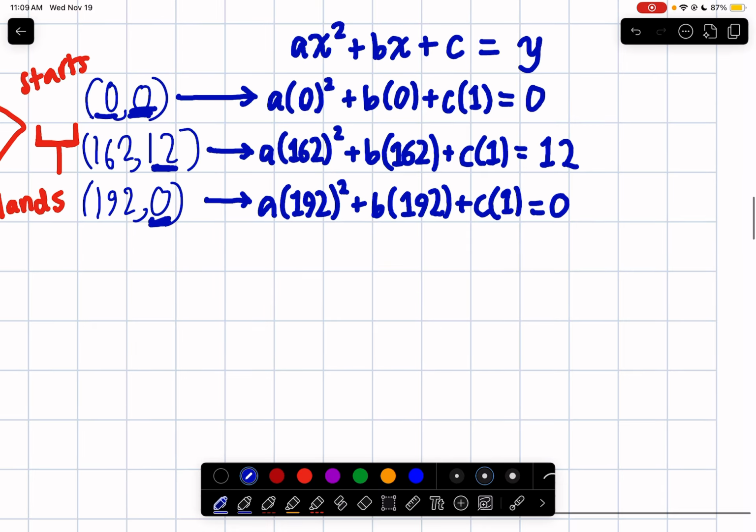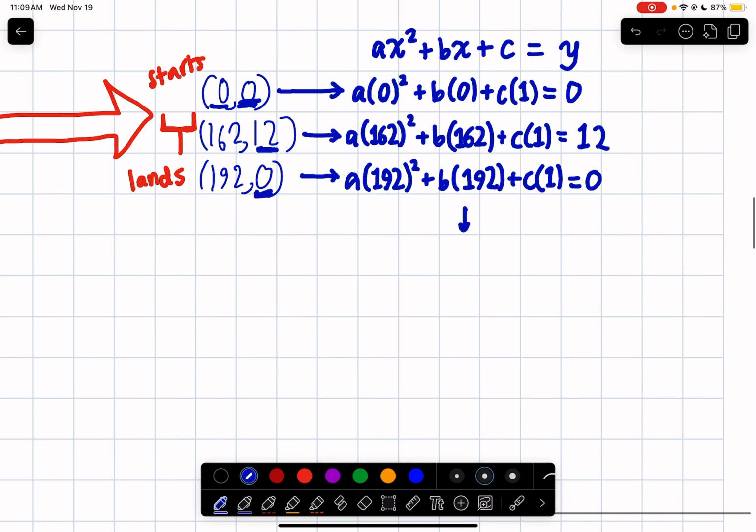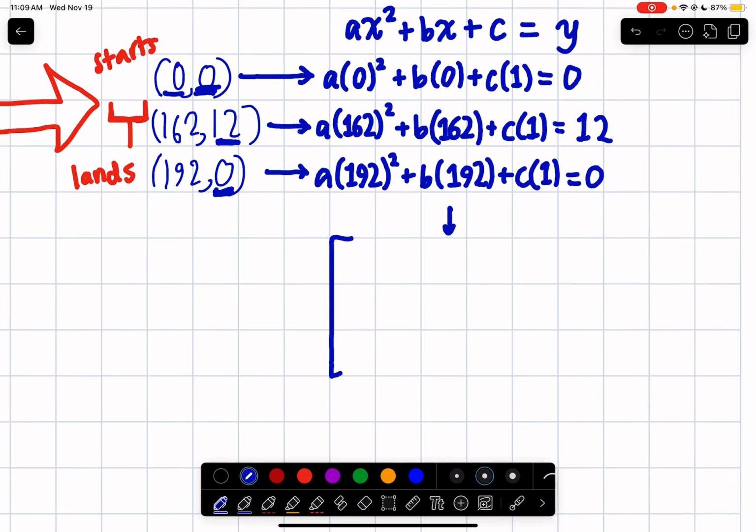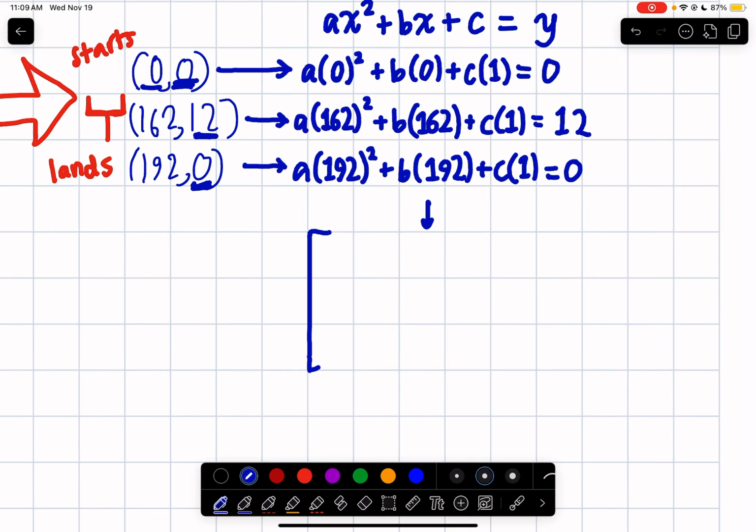Going back to unit 4, I can put that into matrix form. Here my coefficient of a was 0 squared, which is just 0, and then 162 squared. I'm not even going to square it; I'm just going to write it in my matrix as 162 squared. And same thing here, 192 squared.